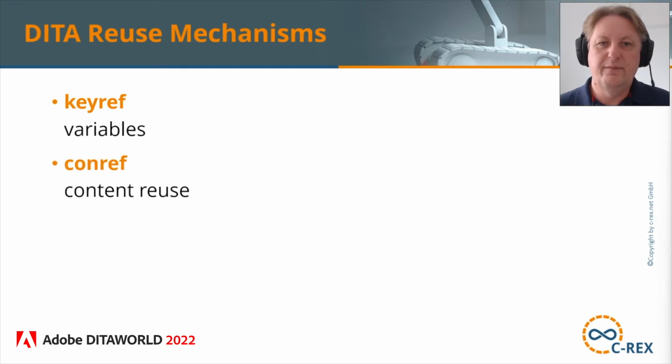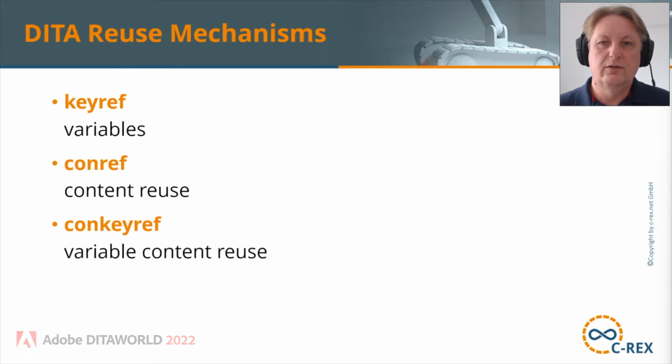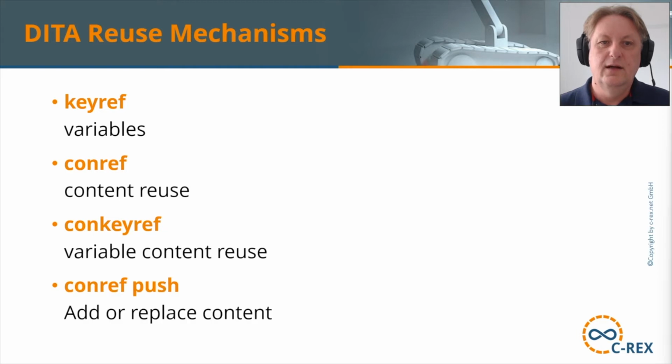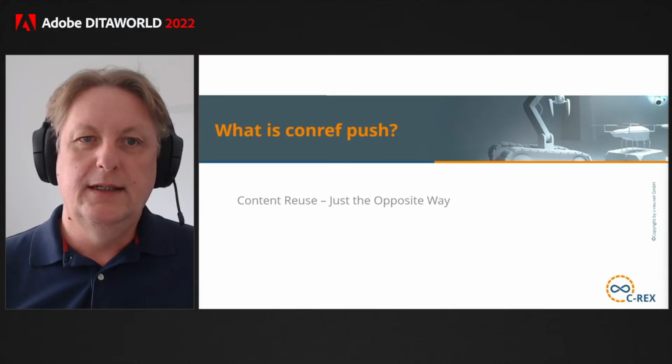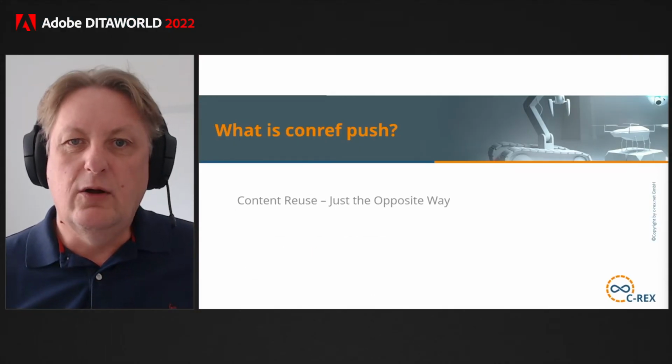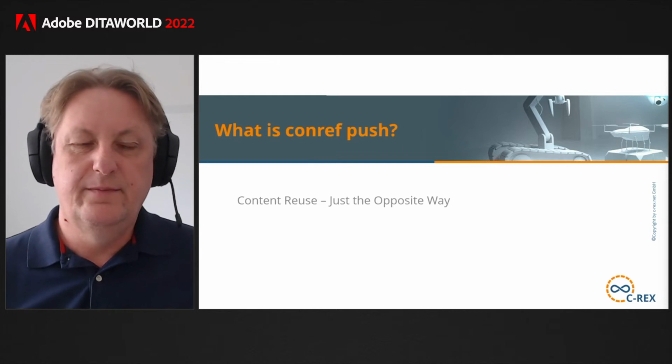We have conref mechanism to reuse content fragments. We have keyref mechanisms to reuse variable content fragments. And we have conref push, the mechanism which is key to success today in our topic here.